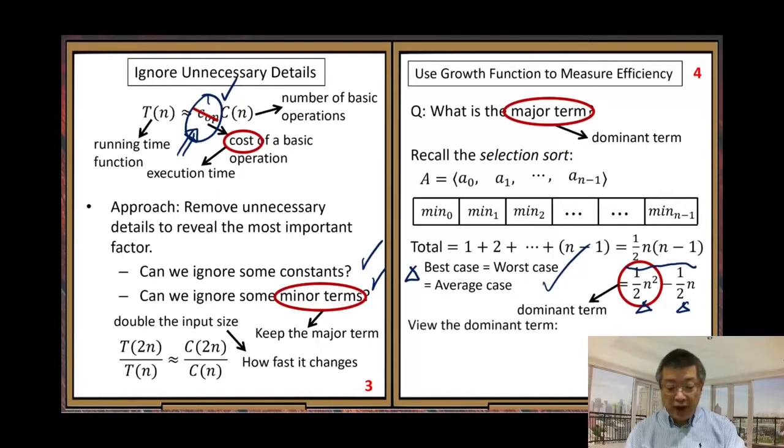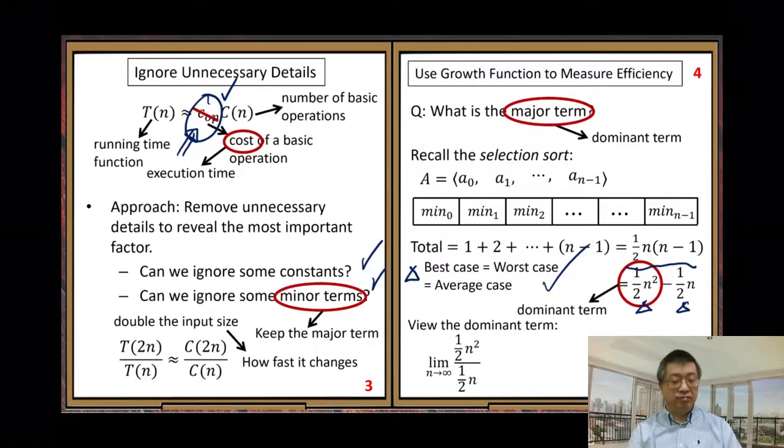So why do we call the first term the dominant term? How do we see it dominates the second term? To see that, we use calculus. In calculus, let us take the ratio of these two terms and take the limit of the ratio when n goes to infinity.